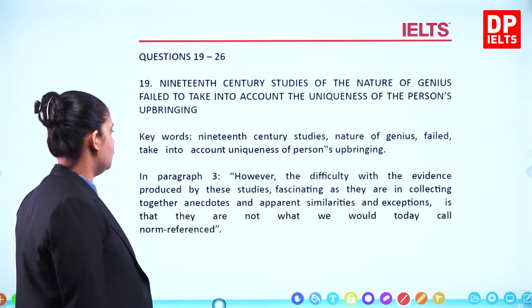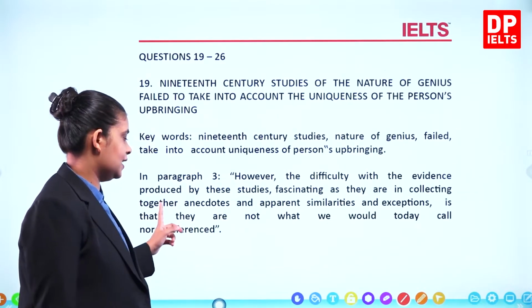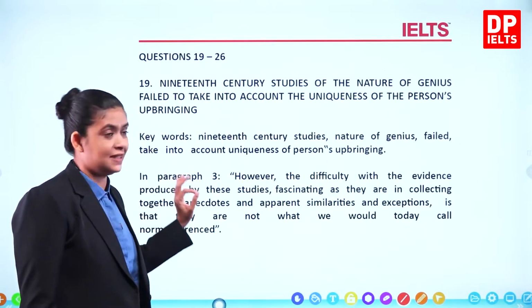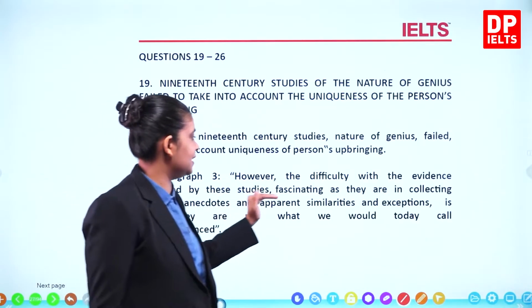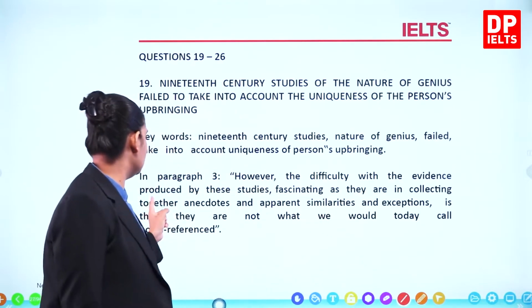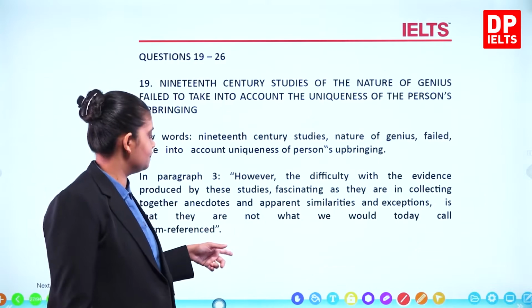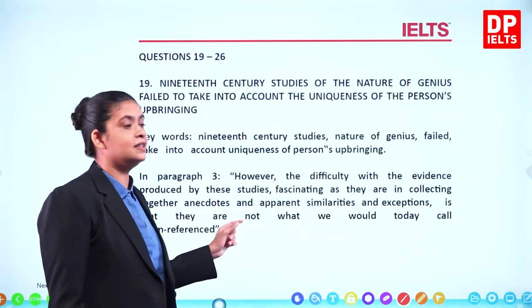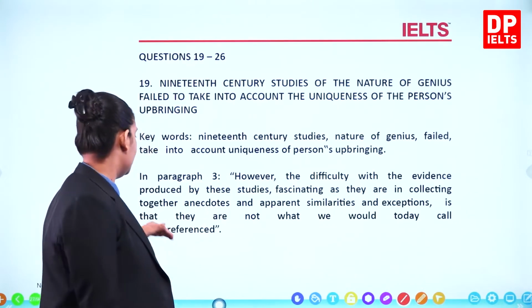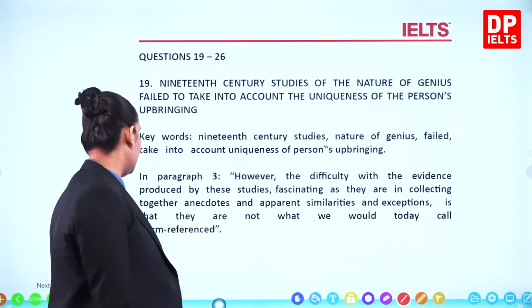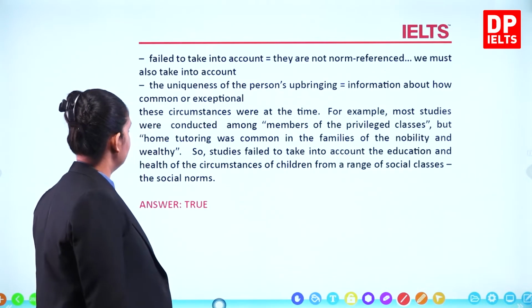In para 3, however, it says, the difficulty with the evidence produced by these studies, fascinating as they are in collecting together anecdotes, those are stories, right, and apparent similarities and exceptions, is that they are not what we would call norm referenced, right.